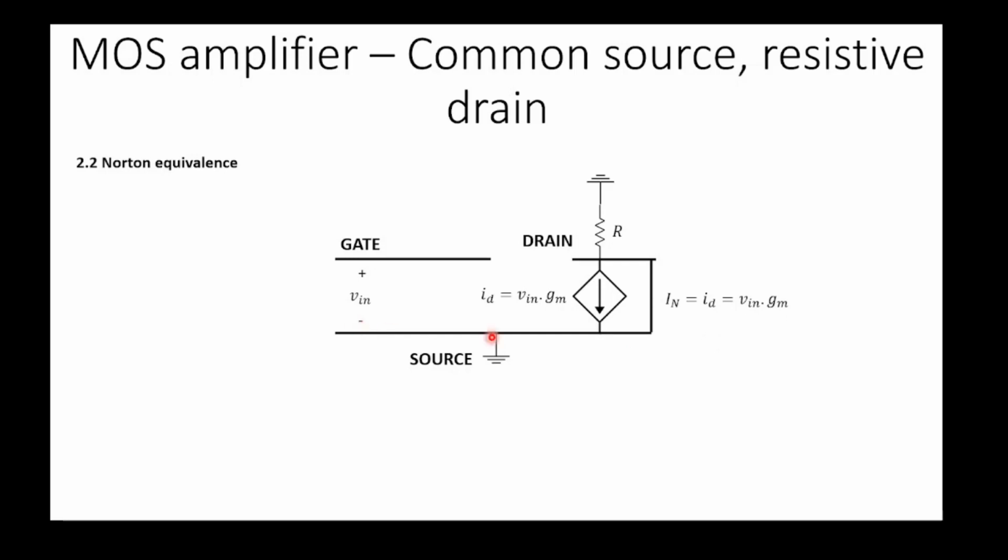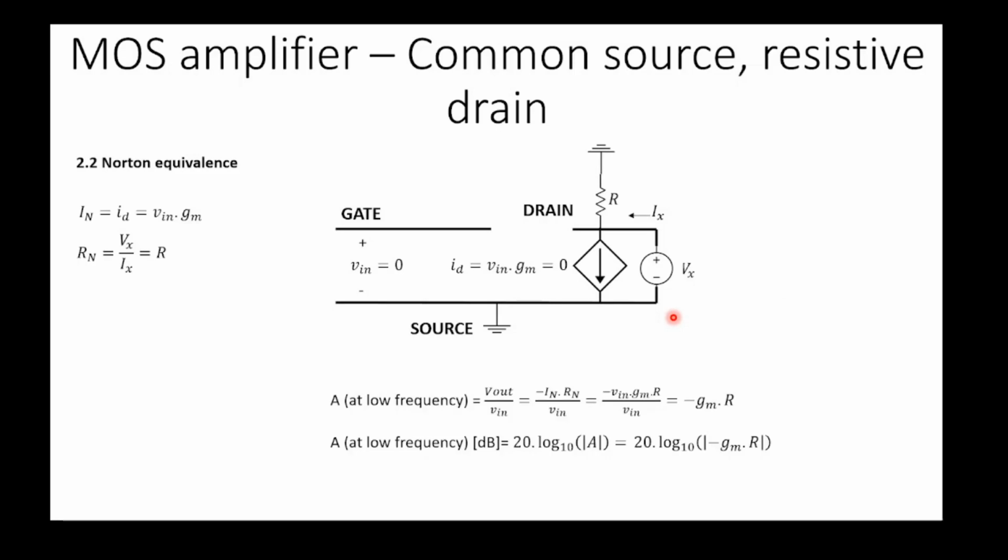After we get the expression for IN, what do we need to determine? We need to determine the RN. As we said in the Norton equivalence introduction, we need to put a voltage source Vx at the output.